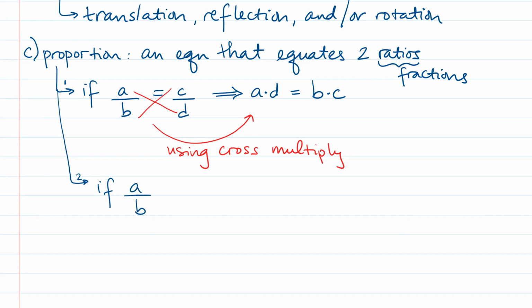If you have a over b equal to c over d, again, we're still comparing two fractions. And if we flip each fraction, as in using its reciprocal, a over b becomes b over a, and c over d becomes d over c, then the reciprocal must also be true.